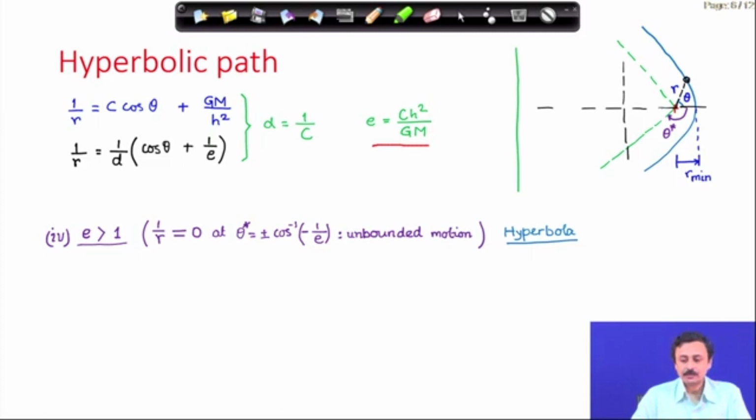It will be in the second or third quadrant, so you will have theta in the second quadrant for this to happen. Now, this is a hyperbola, and of course, this is an unbounded trajectory.